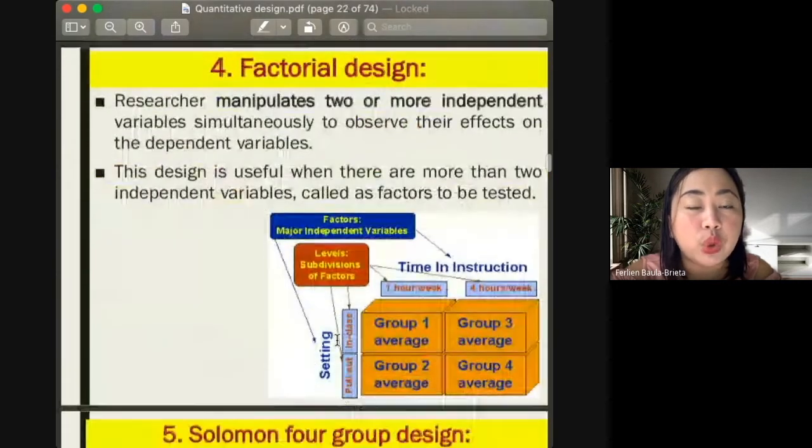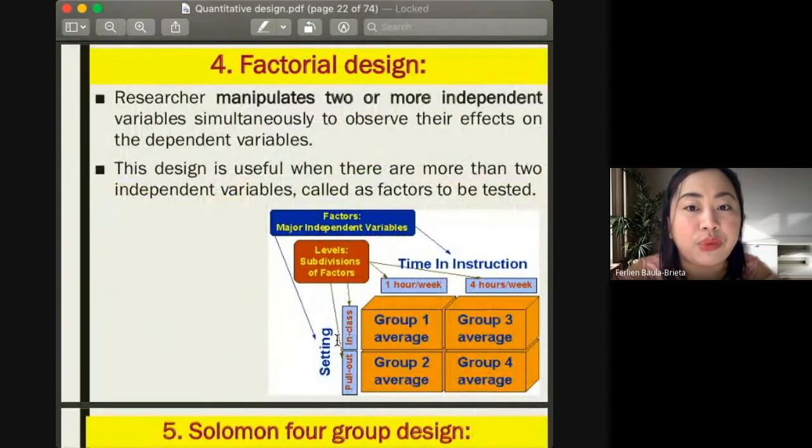The fourth true experimental design is the factorial design. So the researcher manipulates two or more independent variables simultaneously to observe their effects on the dependent variables. So this design is useful when there are two or more independent variables, called factors, to be tested.